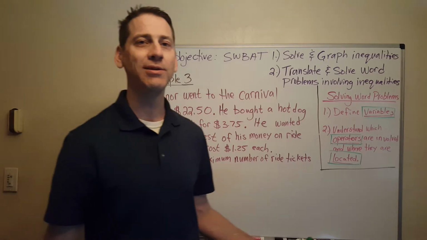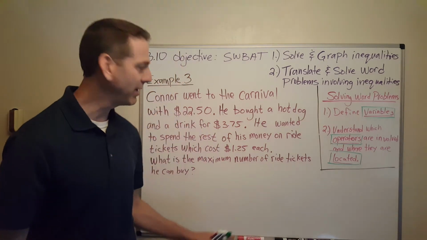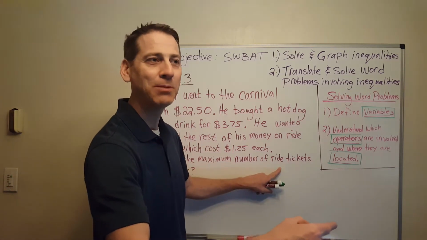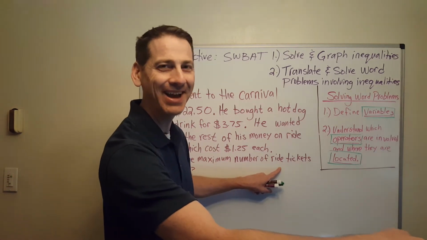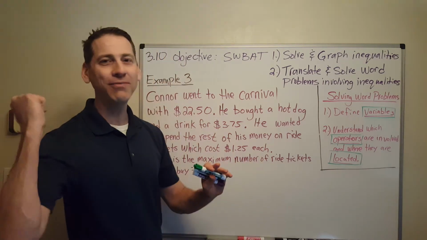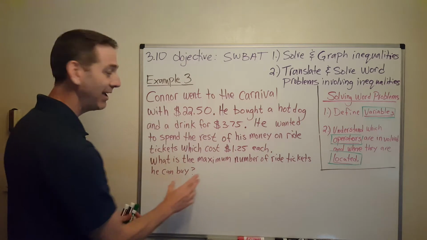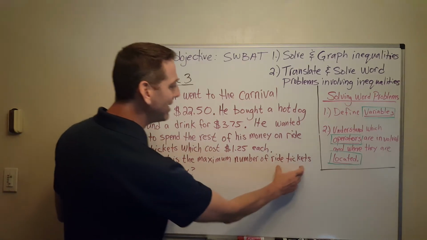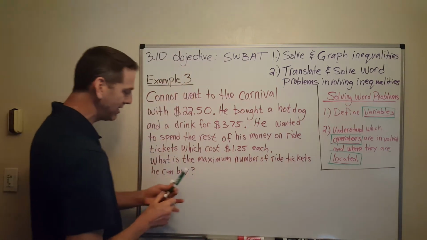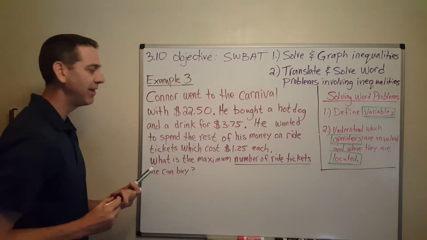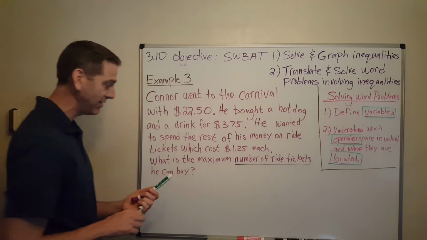There's your variable, because that's the unknown. They're asking you that question because it's unknown. So that's how you can pick off your variable really easily. Ask, hey, what are they asking for? That's your unknown. So the number of ride tickets is what the variable is.